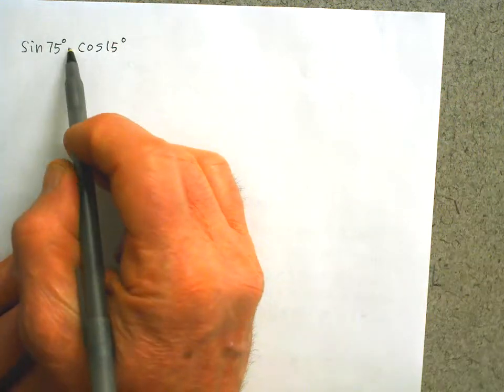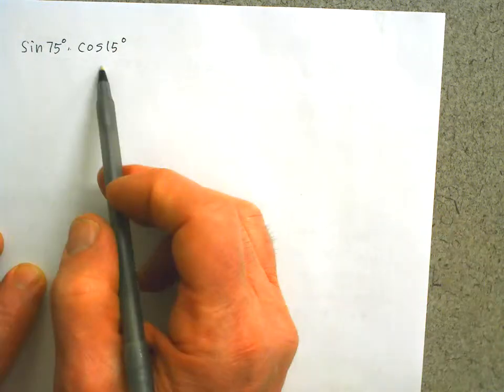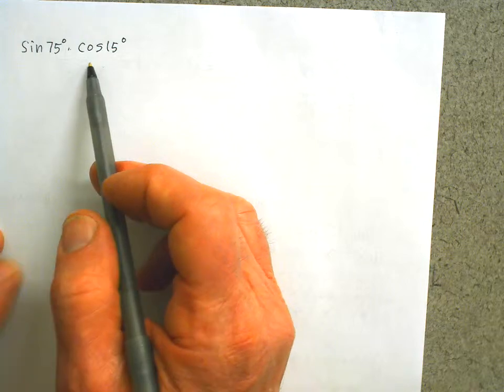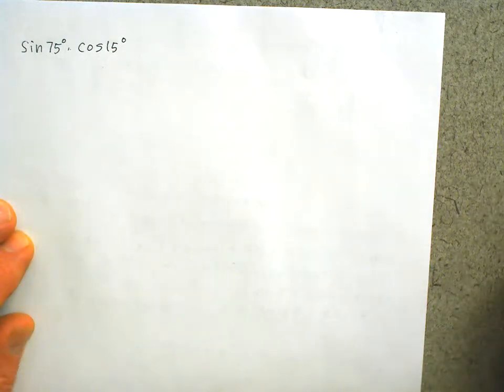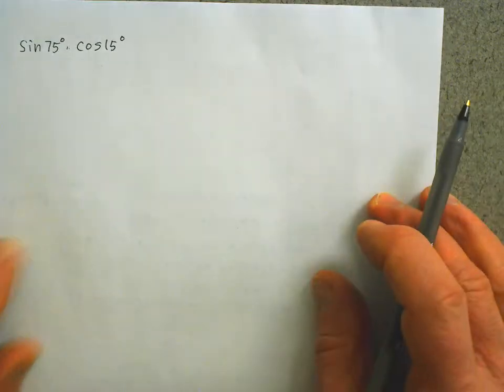So this is a product. If you can think of the product to sum formula, then we could use that to simplify. Yeah, well, what if you just can't think of it?